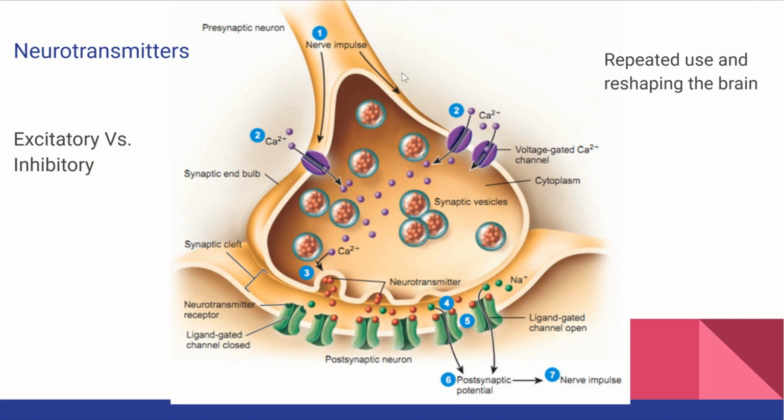If you have a nerve impulse running down this neuron and constantly releasing these vesicles and releasing these neurotransmitters, constantly stimulating this neuron, the neuron may get overstressed. And because of that, it can do a couple of things. It can remove some of these channel proteins. So it can remove some of the receptors, so it becomes less receptive to the neurotransmitter.